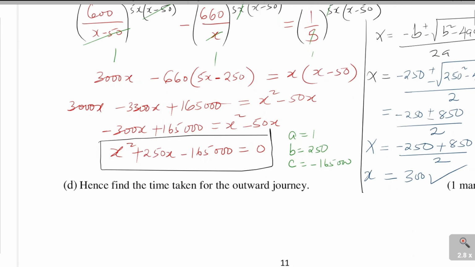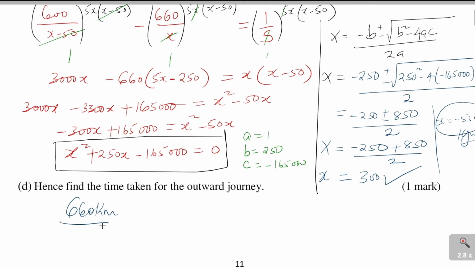So 660 kilometers divided by x kilometers per hour, and x is 300 kilometers per hour.